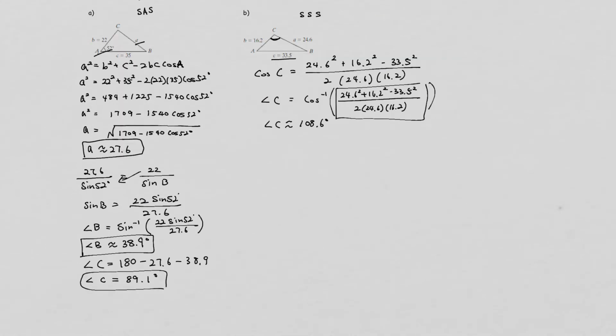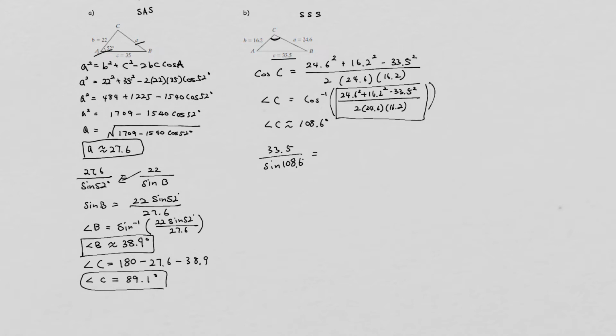Once you have that, you have a matching angle and side. Now you can use the law of sine, right? So you will do 33.5 over sine 108.6 degrees equals the next.